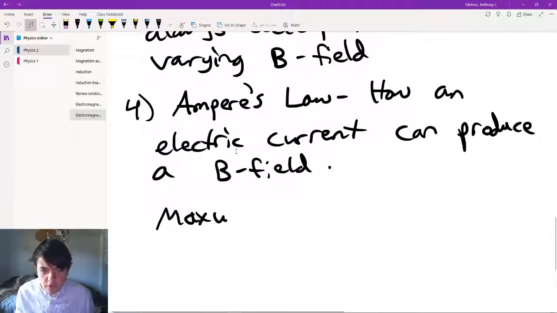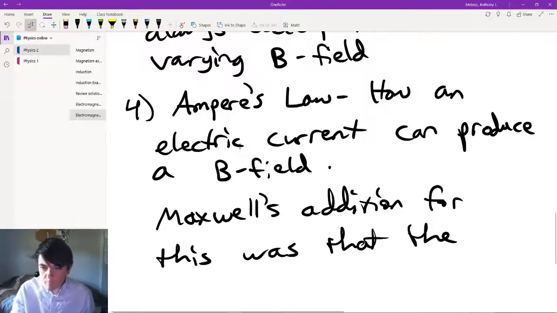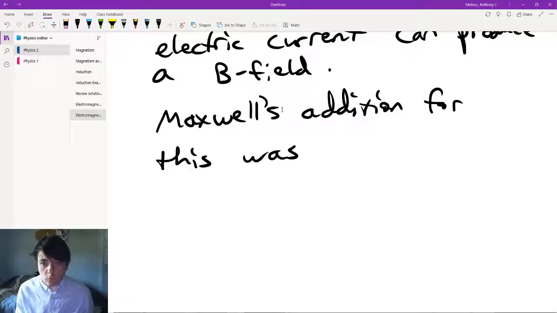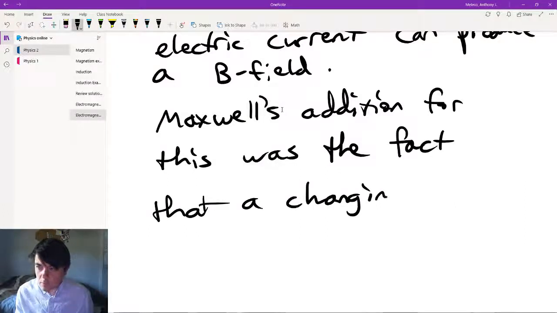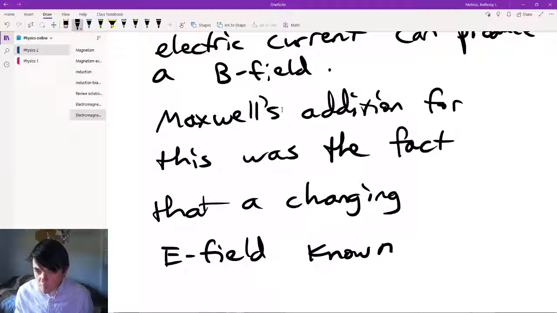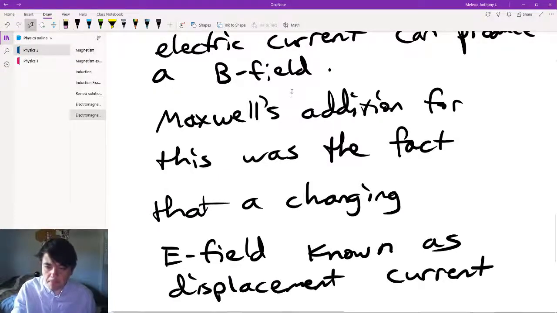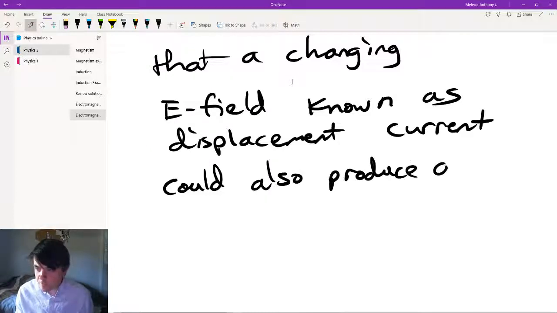And Maxwell also added to this. Maxwell's addition for this was the fact that a changing E field, known as displacement current, could also produce a B field.